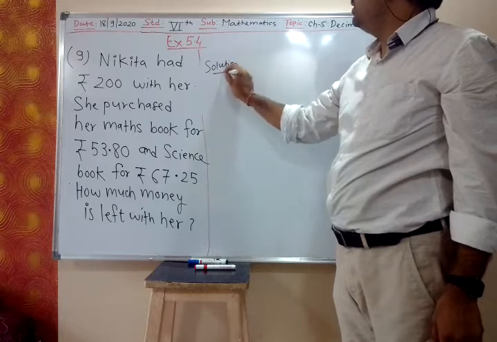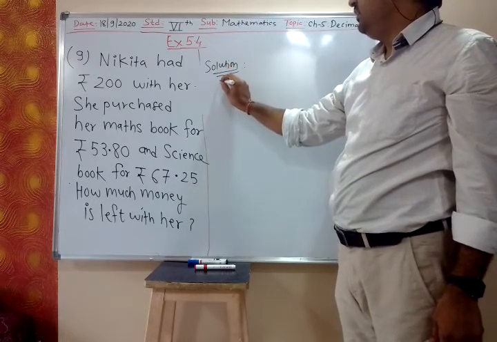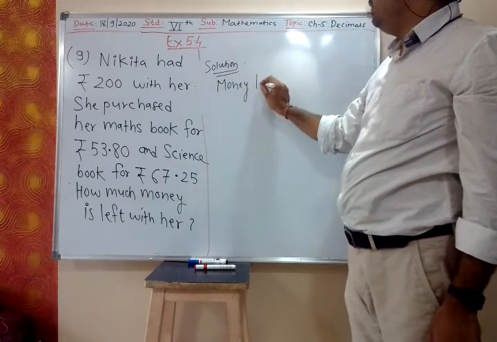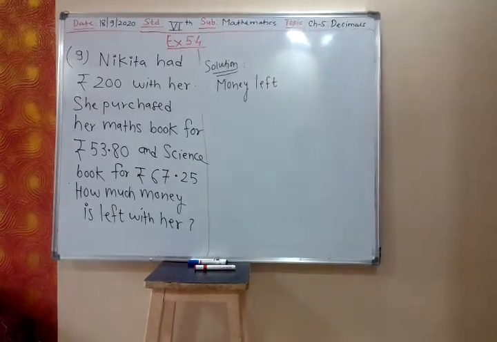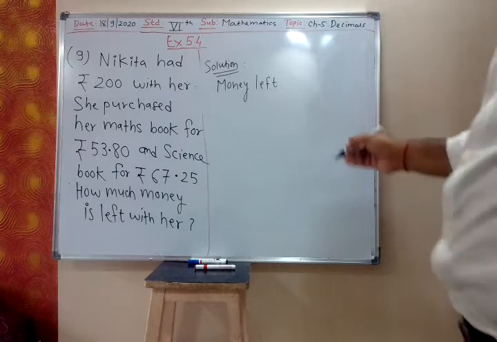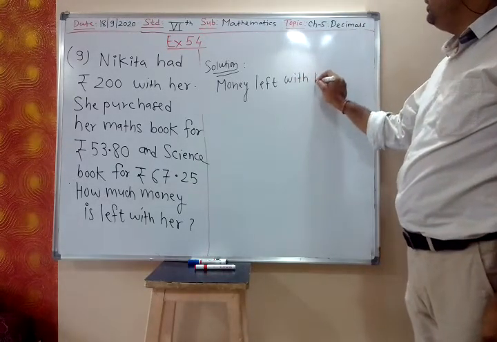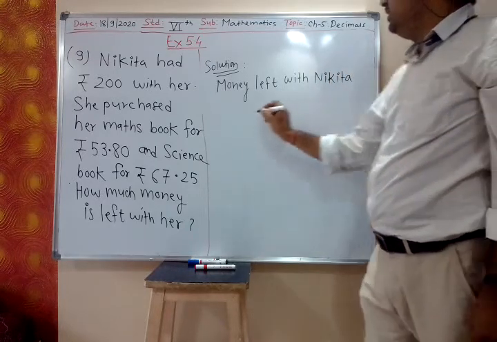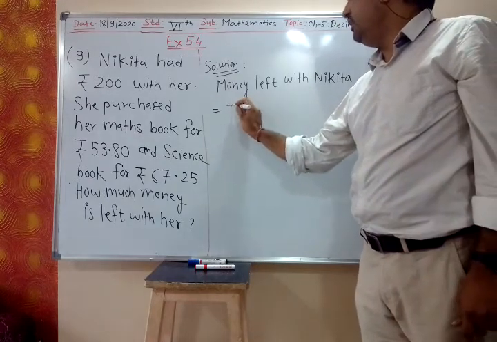Now we write the solution. Write down: money left with Nikita is equal to. From 200 rupees we write rupees 200.